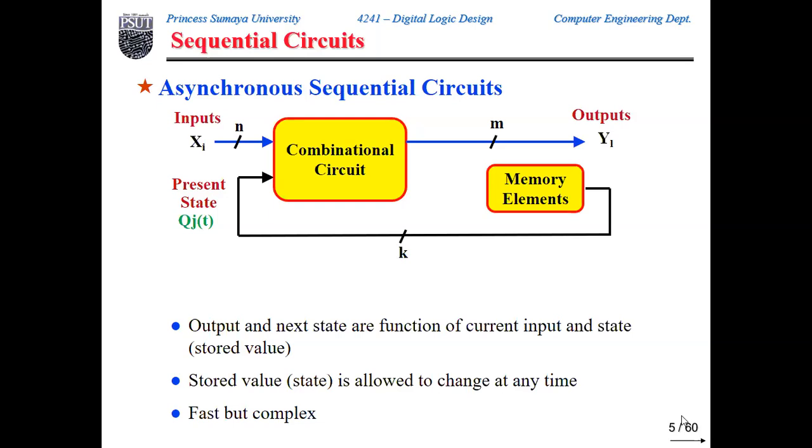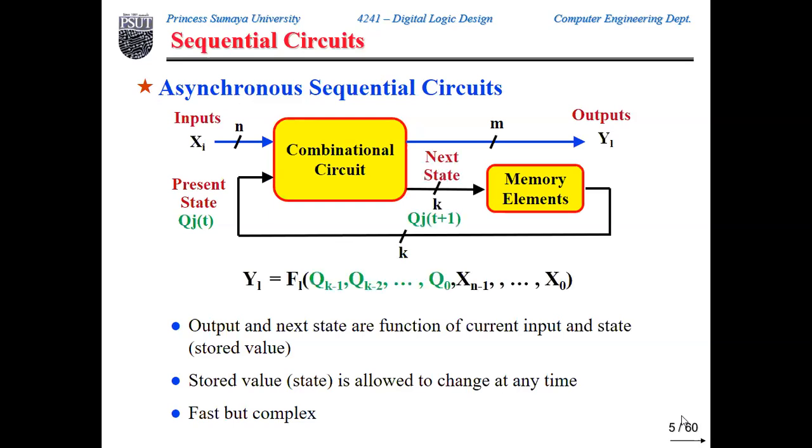This is very clear if you go back to the counter example, where we said we need to store the current count value, which we have to know in order to process it by incrementing it to get the new count value, which is our output. Now, one more thing here is that the circuit should also be able to change the stored value, and this is also done by the combinational logic component of the sequential circuit.